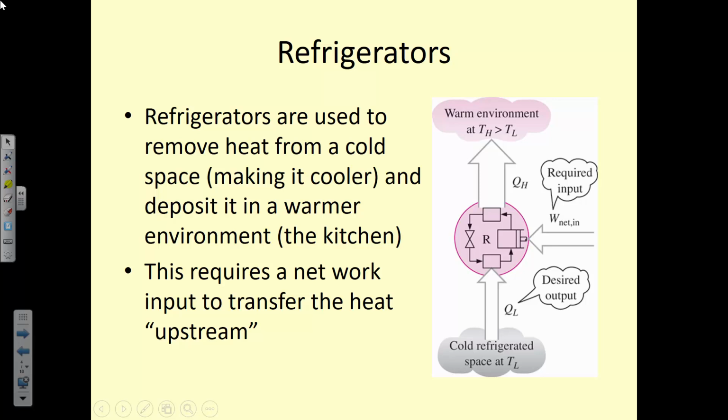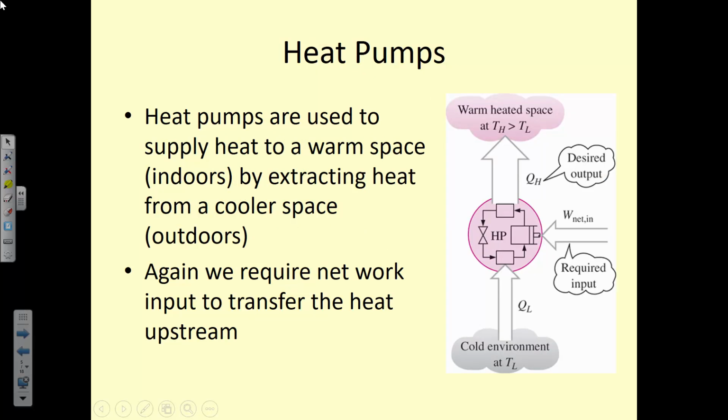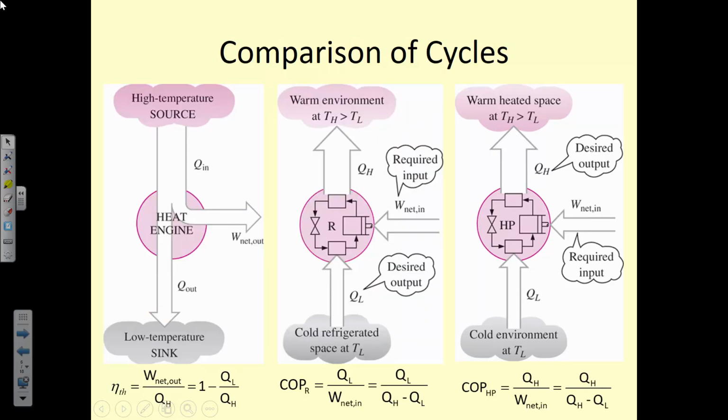So it requires a certain amount of work to move Q sub L. And then heat pumps, our desired output is to make the warm space warmer. So Q sub H is our desired output, and Q sub L is how much energy we need to remove from the environment in order to make Q sub H happen. So we also have a net work input, again, to reverse the flow contrary to its natural direction.